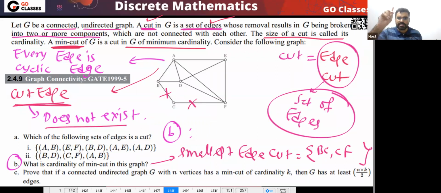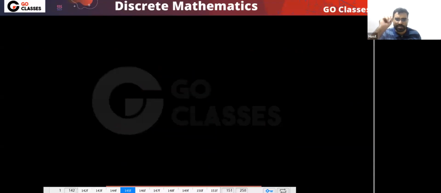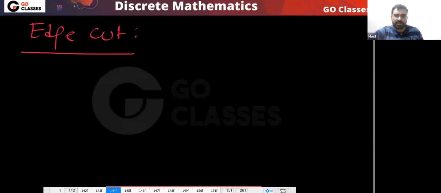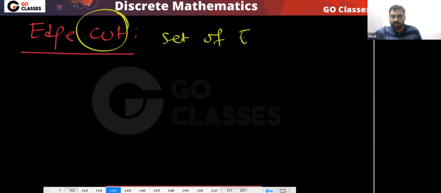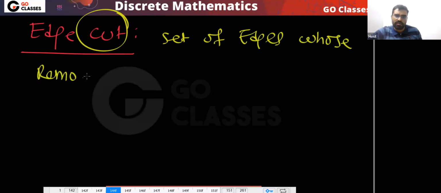Here, one interesting observation you should make. First of all, you know what an edge cut is? Here the focus is on cut. This is a set of edges whose removal disconnects the graph.